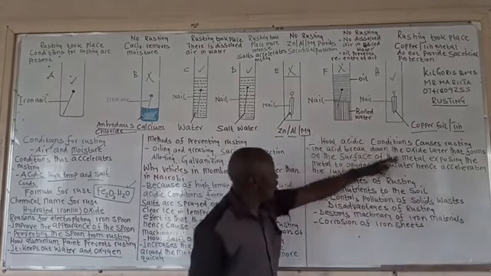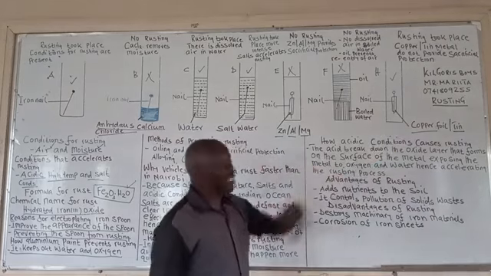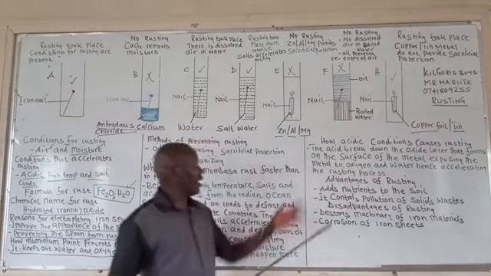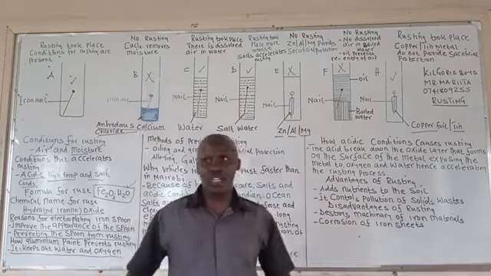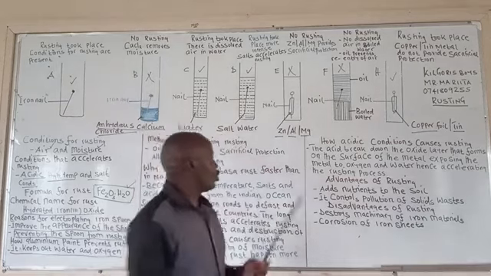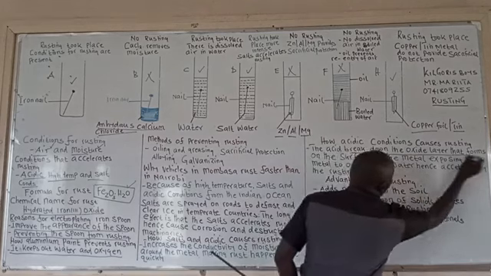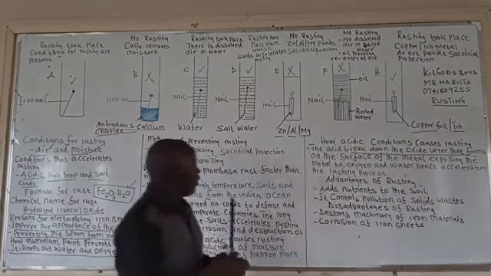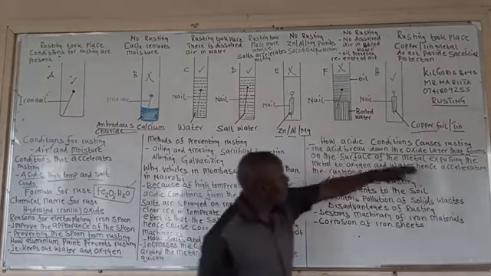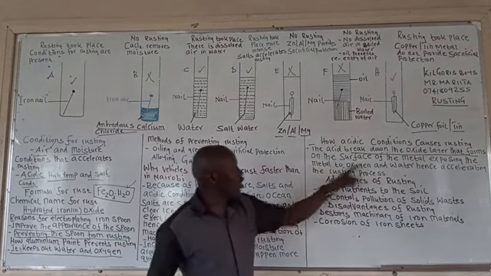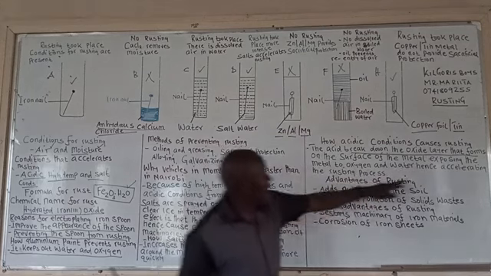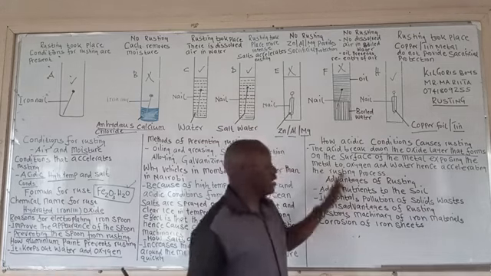How does the acidic condition cause rusting? In this acidic condition, what you need to understand is that the acid can break down the oxide layer of the metal that forms the surface of the metal, exposing the metal to oxygen and water, hence accelerating the rusting process.